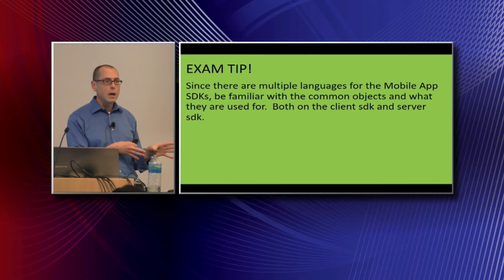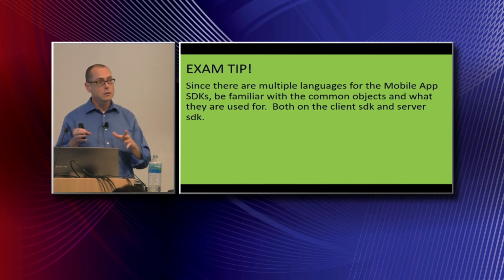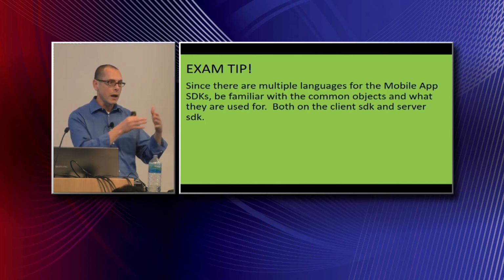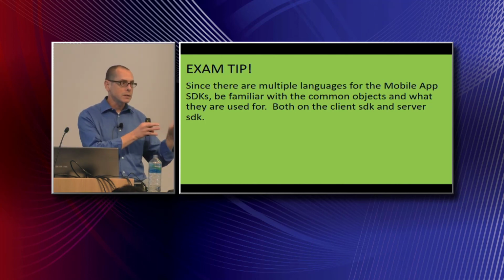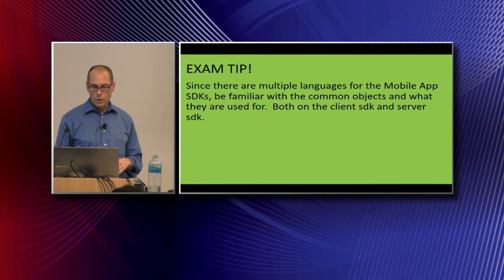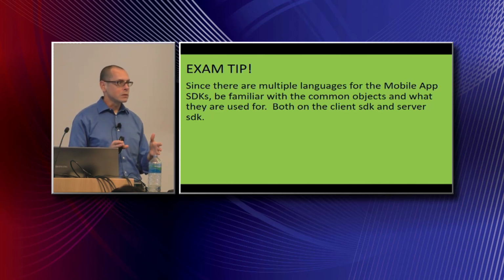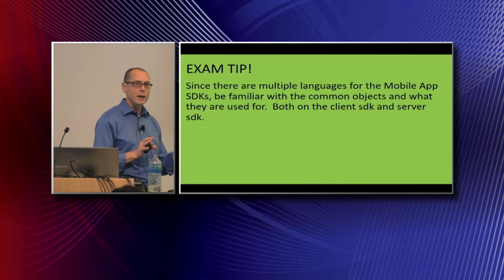You may not have to learn that, but learn what the SDKs do. And the same thing with the server side, Node.js as well as C#, just to get a sense of what they do. They're very similar. With any SDK, they're not going to have a completely different object set and methods off of it. But that was kind of quick at the end. I apologize, I had to go so fast.